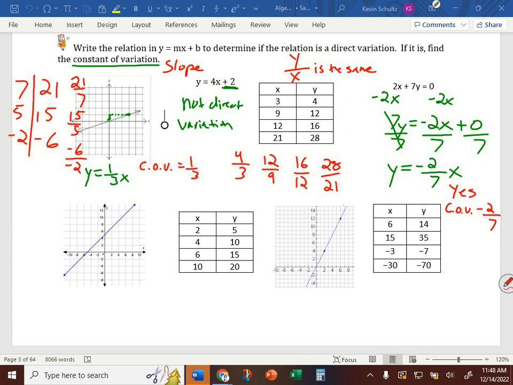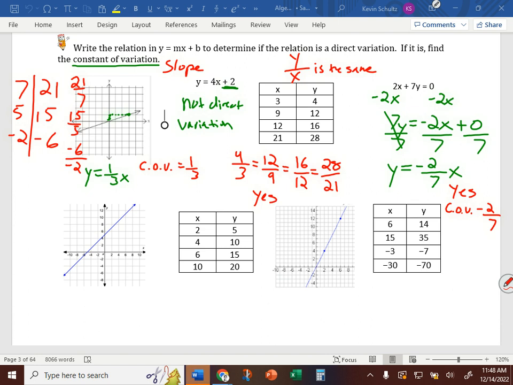Why are equivalent fractions a power objective in Math 6? Because if you don't understand equivalent fractions, you're going to have trouble understanding this, right? Math builds on itself. That's why these power standards, these power objectives exist throughout the curriculum. But anyway, because these are all the same, yes, direct variation exists.